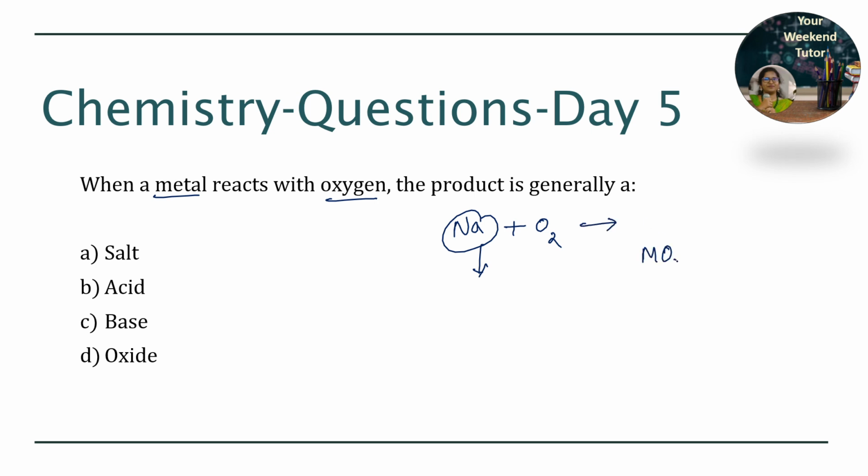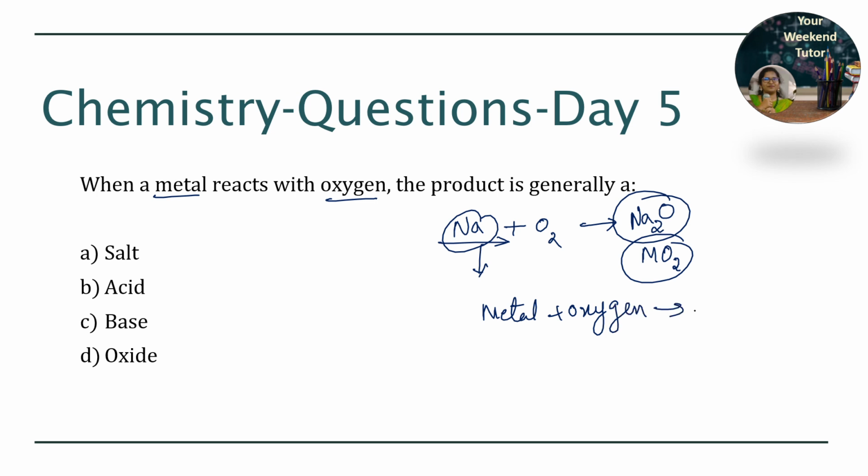What does it form? Metal oxide. So it will be forming Na2O. Okay, as I just took an example of sodium, you can remember, whenever a metal is reacting with oxygen, it forms metal oxide. Okay, got it? So what is the correct answer?